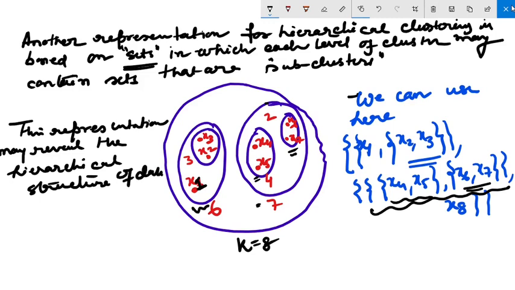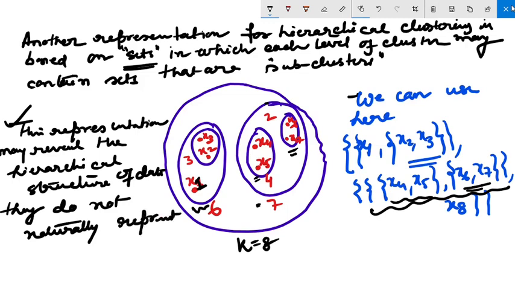The problem with the set representation of hierarchical clustering is that it does not naturally represent the similarities quantitatively. Therefore dendrograms are preferred.